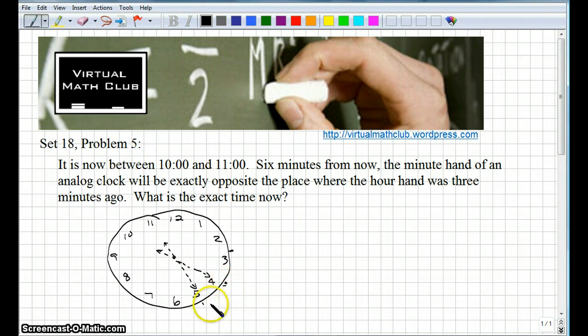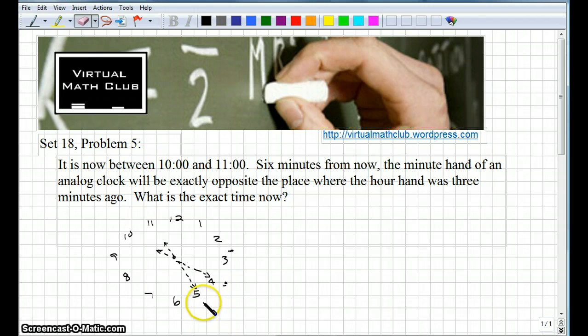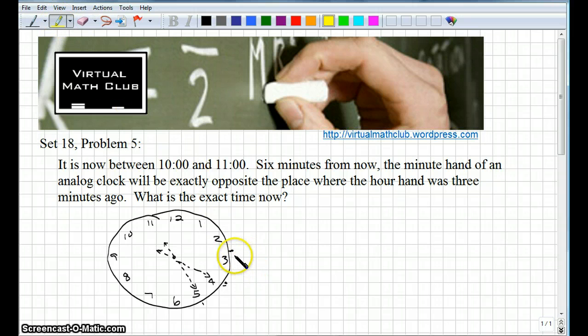Okay, so we know that right now, I was trying to erase that little, oh, I got rid of my edit undo. Alright, I'm just going to forget that. So we know that 6 minutes from now, the minute hand is going to be in this range.